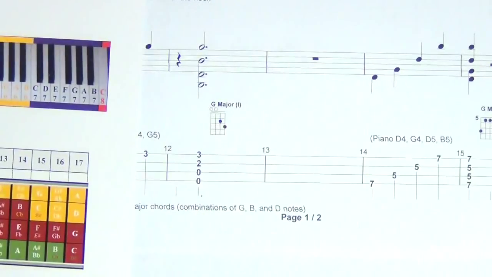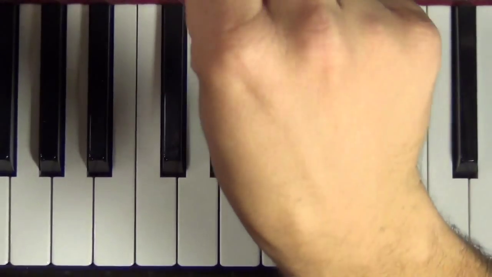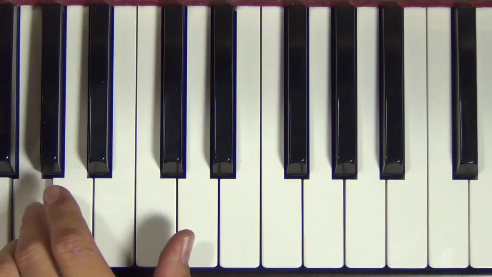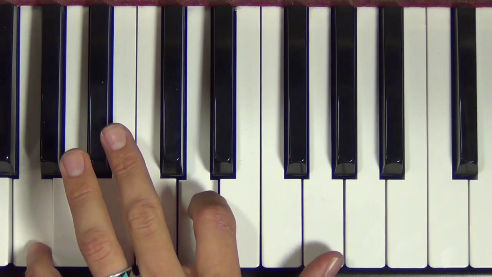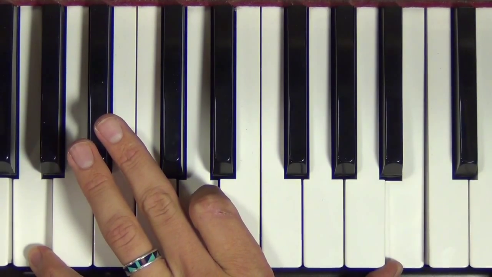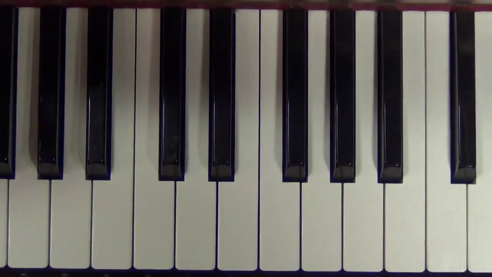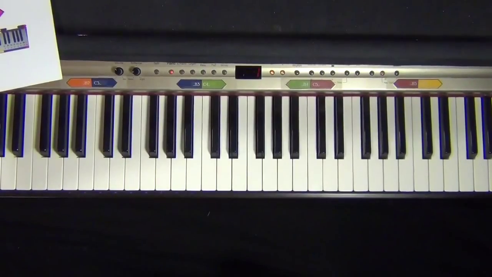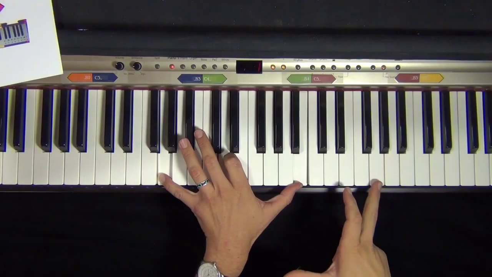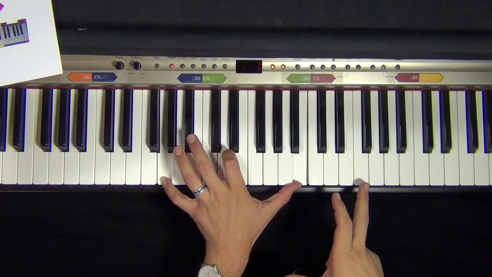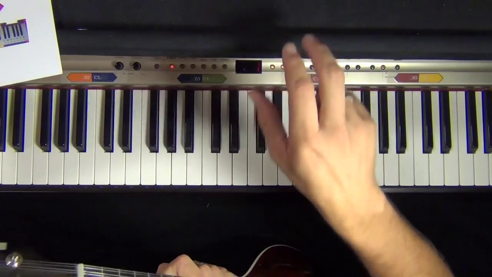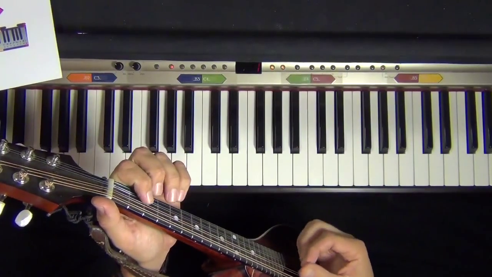So if we look at that on a piano, we're going to play G3, and then D4, B4, and then G5. And then let me try to show you that now. So G3, D4, B4, G5. So then on a mandolin that sounds like this.